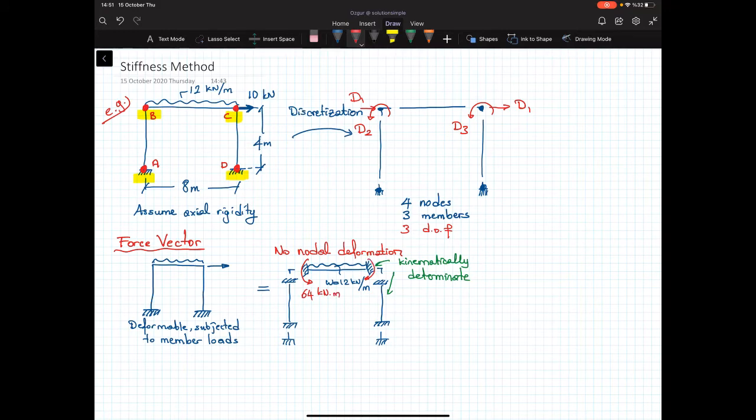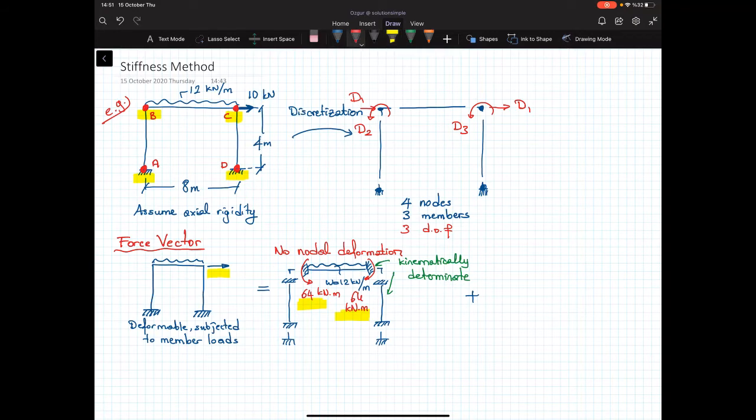I have another moment here again, that's 64 kilonewton meters. So this is the picture when we have no nodal deformation, and if you transfer these forces to the nodes, you see this structure is not in equilibrium, which means that the structure should deform in such a way that it will balance these two unbalanced forces plus this point load.